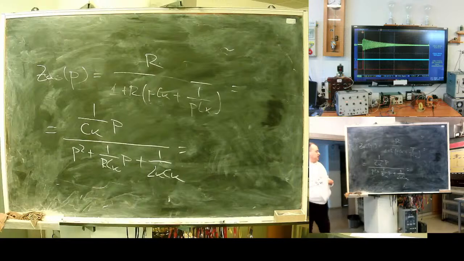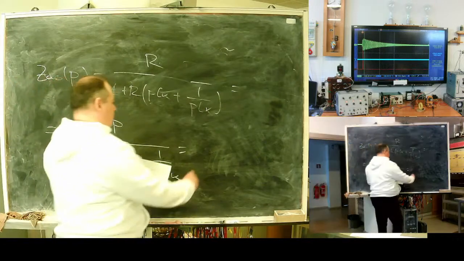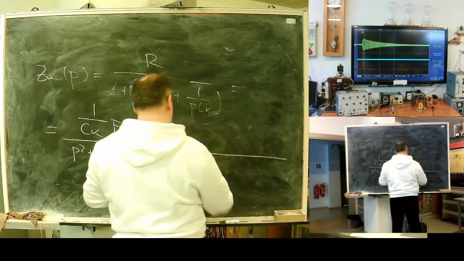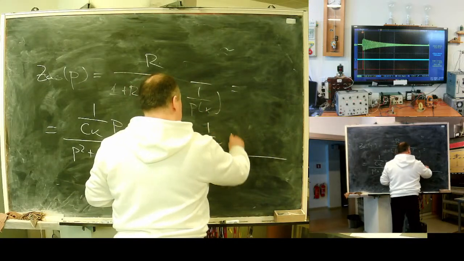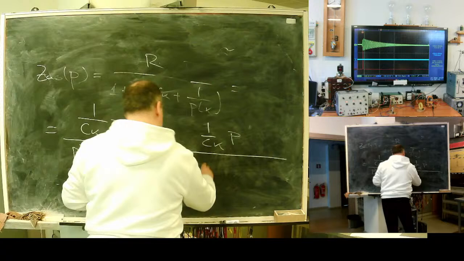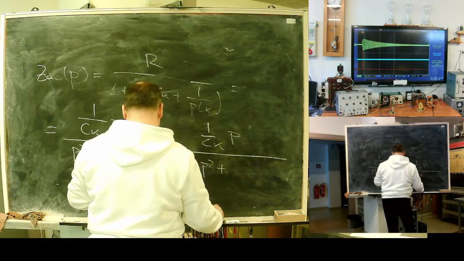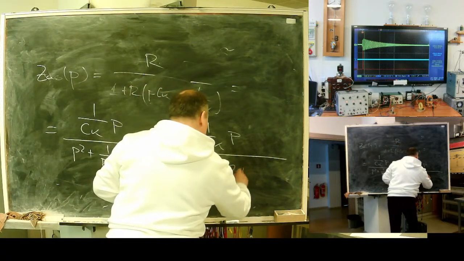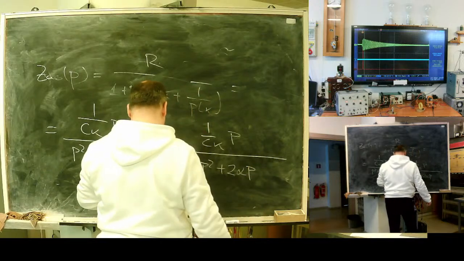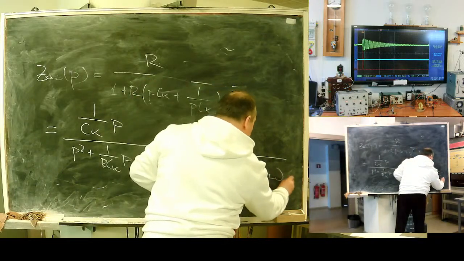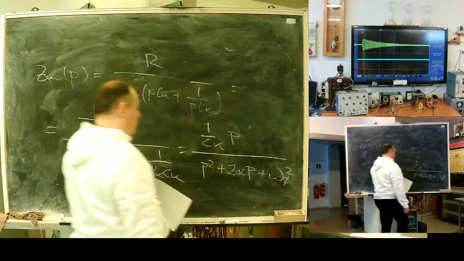Simple transformation. What will we get? 1 divided by contour capacitance, frequency p square plus double alpha p plus omega 0 square.